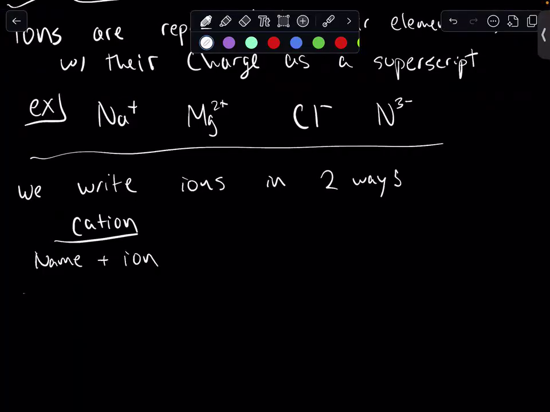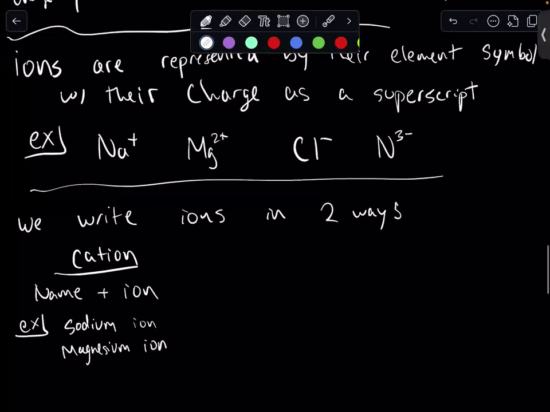So sodium becomes sodium ion. Magnesium becomes magnesium ion. There's no weird thing we have to do. We just say ion because sodium would talk about Na. Sodium ion specifically refers to Na+. So we say ion to ensure that people who are reading know what we're talking about.